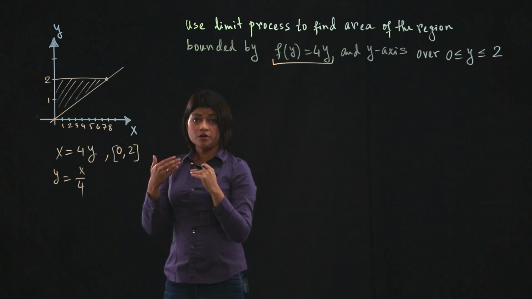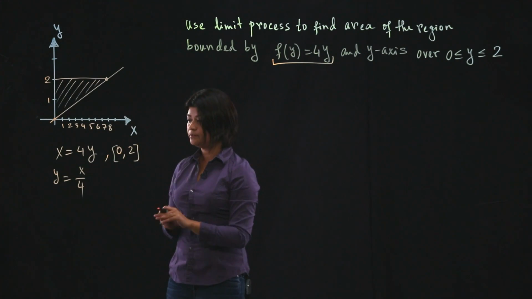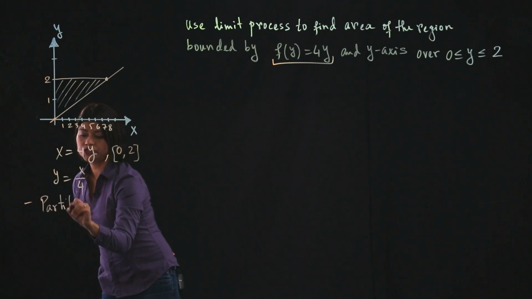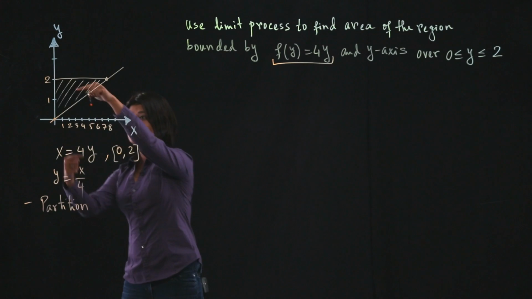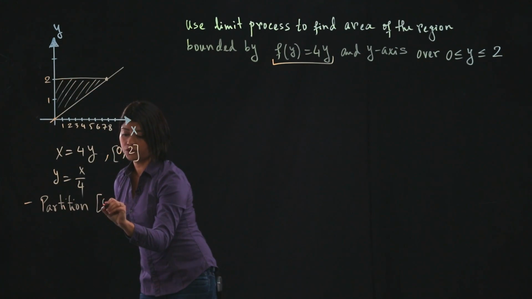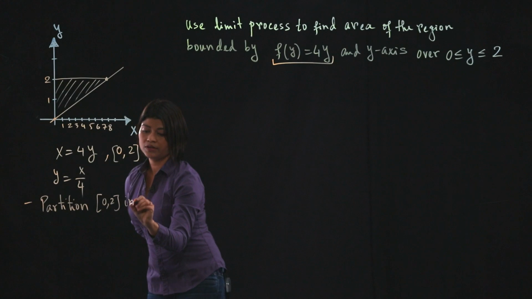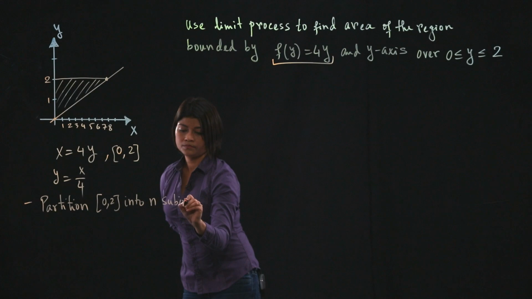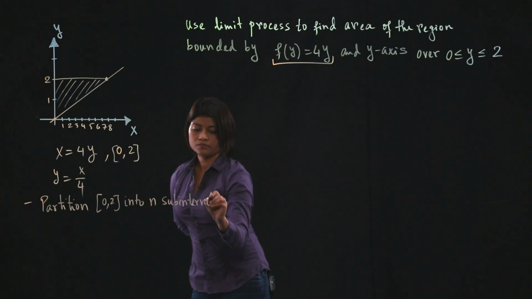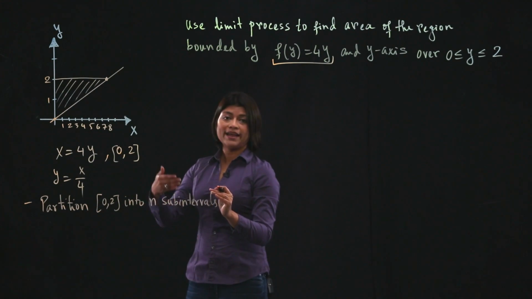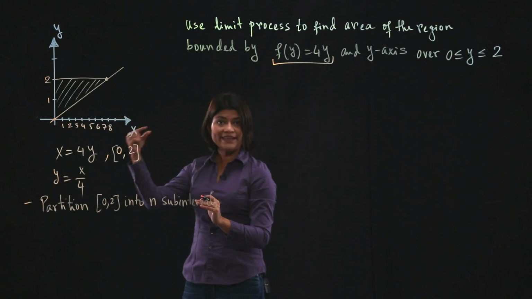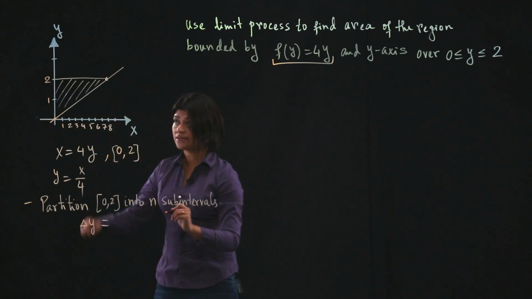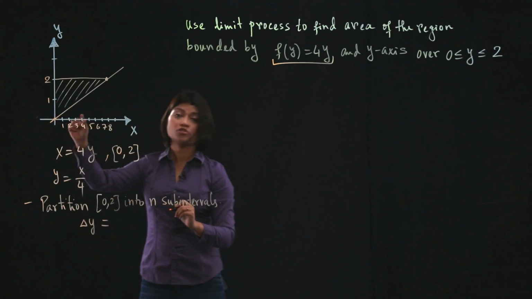Now, what is our usual limit process? We first partition the interval, in this case the y interval 0 to 2, into n subintervals. In doing so, we can figure out the width of each rectangle. Call it delta y, since this is happening on the y-axis. So what is the width?